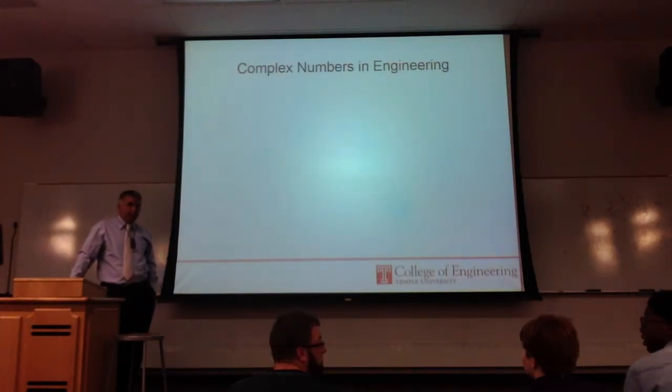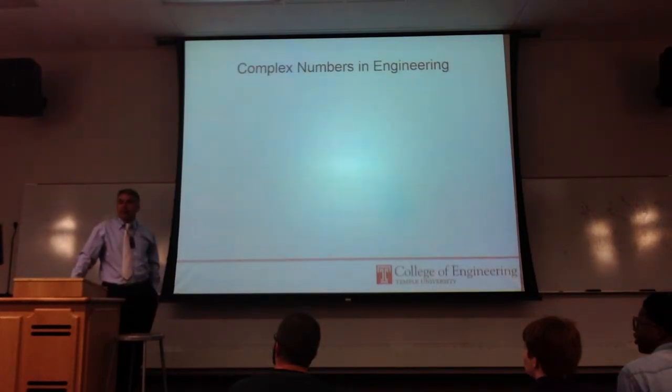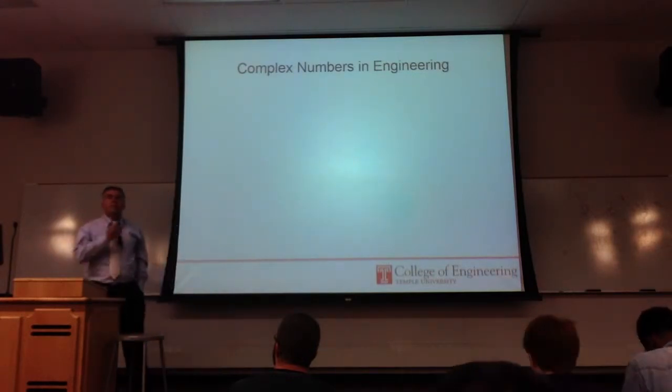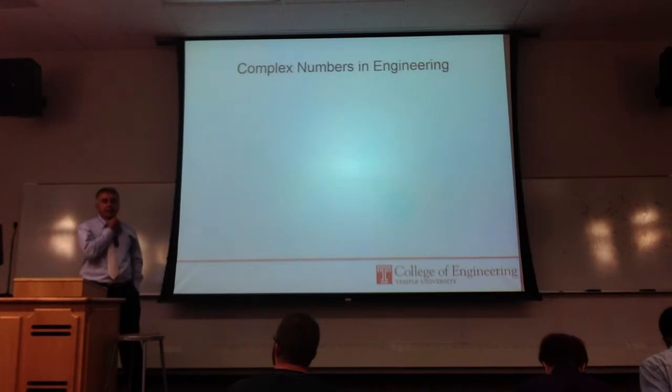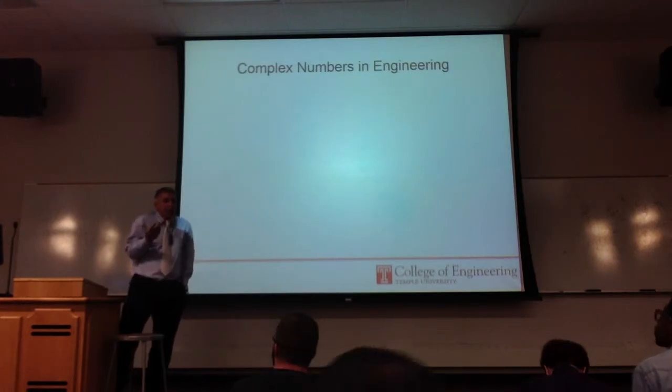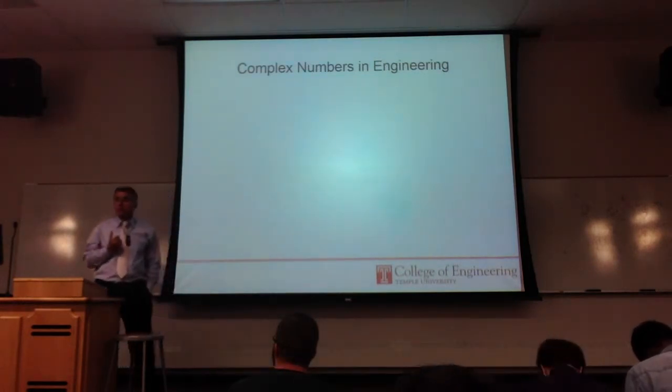Do you agree? Complex number, I mean, this is really going into detail. So when I tell you something is complex, what am I trying to tell you? It's not easy to understand. Right? It's complex. It's not easy to understand.